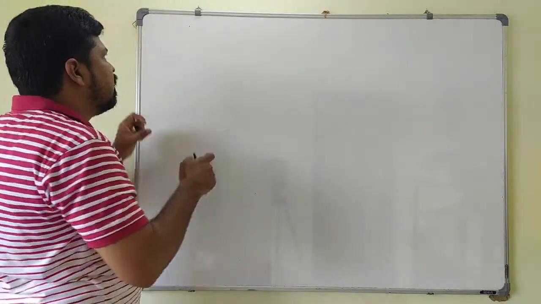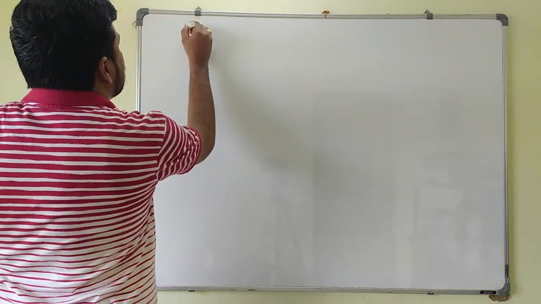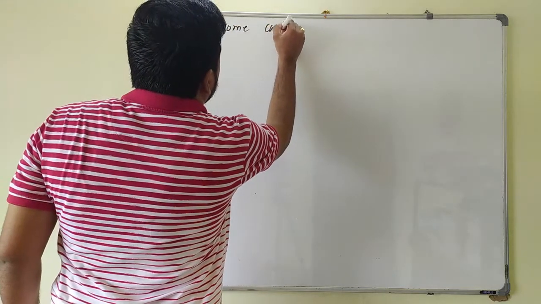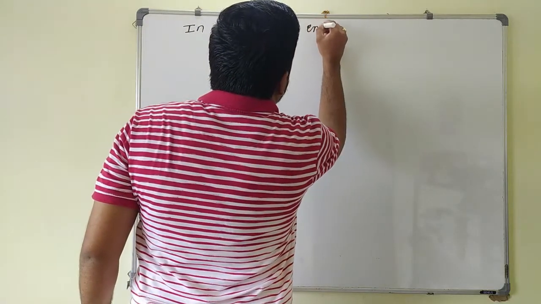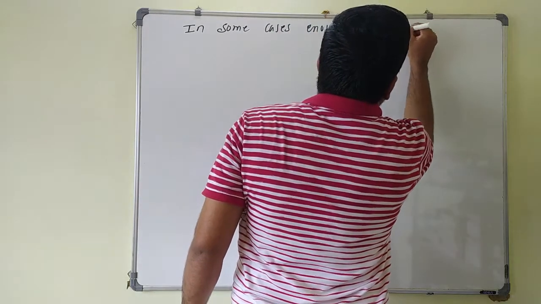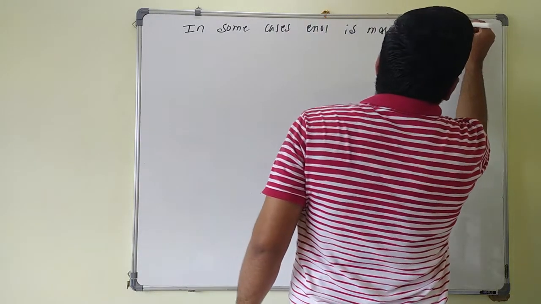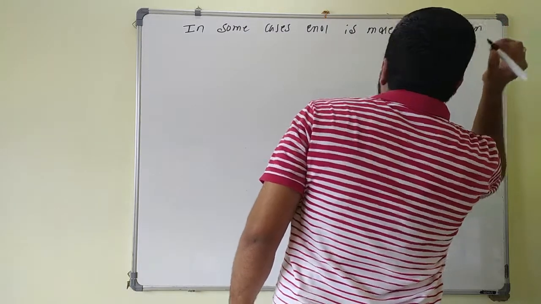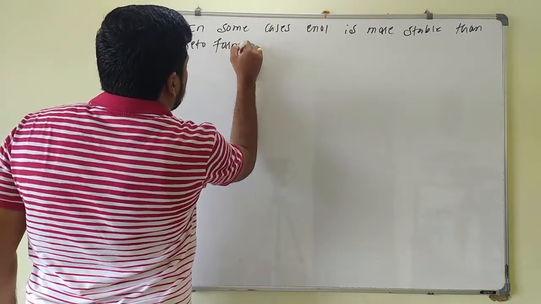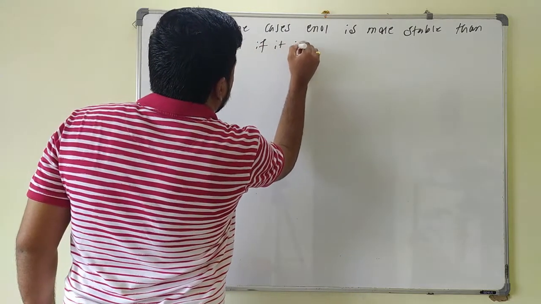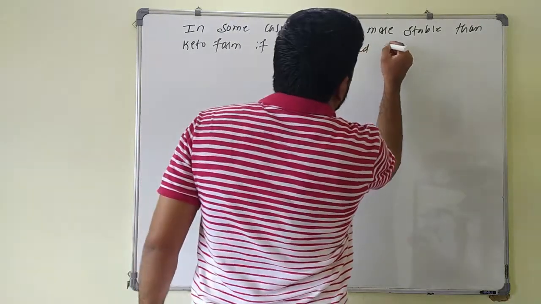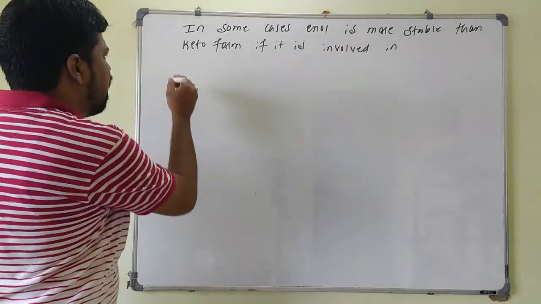We will see that one. In some cases, enol is more stable than keto form if the enol form is involved in hydrogen bonding.